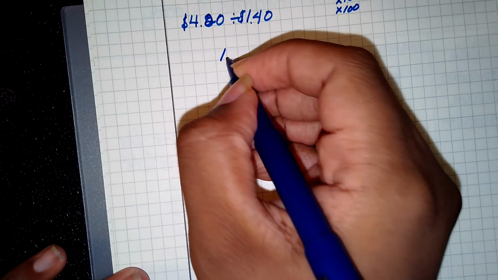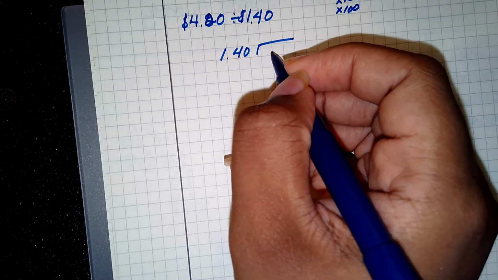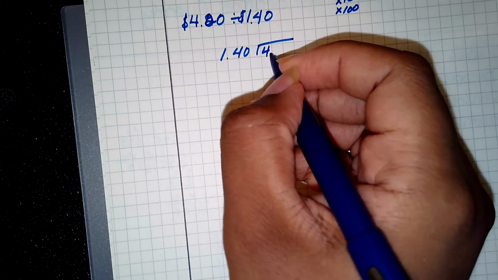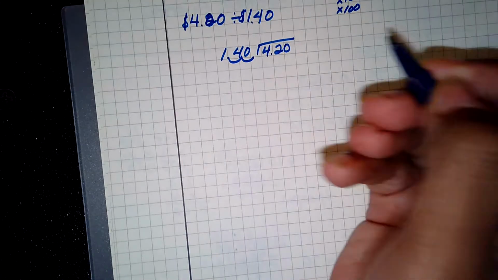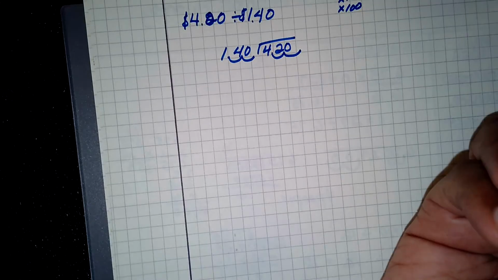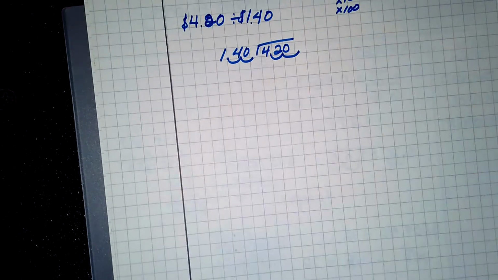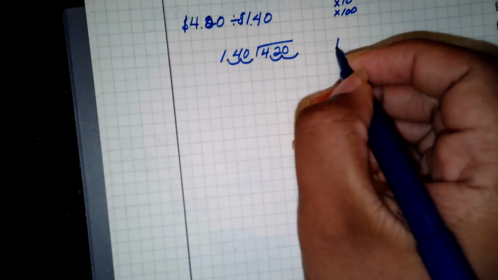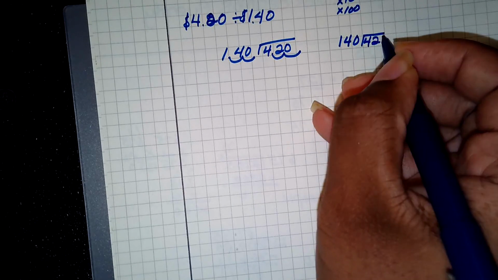So I have $1.40 divided by $4.20. I'm going to move my decimal over twice over here and then twice over here. Now, I will have 140 divided by 420.